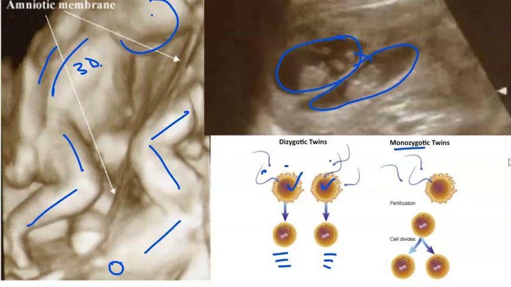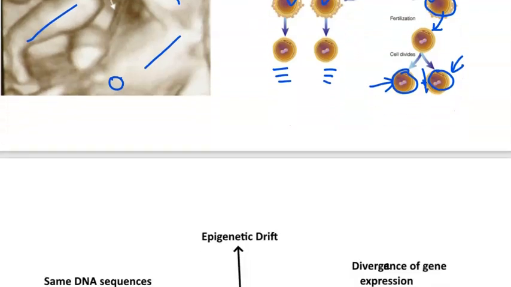Monozygotic twins, however, come from one egg cell and one sperm cell. The fertilized egg then goes through a division, and rather than these cells remaining together to create the multicellular embryo, it splits, and this goes off and develops into one child, and this goes off and develops into the other child. But of course they have exactly the same genetics.